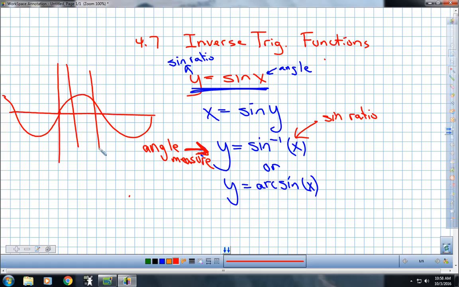A horizontal line test. If I just gave a horizontal line test, wouldn't that tell me whether its inverse is a function? Okay? So, to be one-to-one means that not only is the function a function, but its inverse is also a function. Does that make sense?